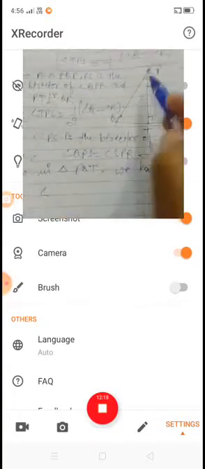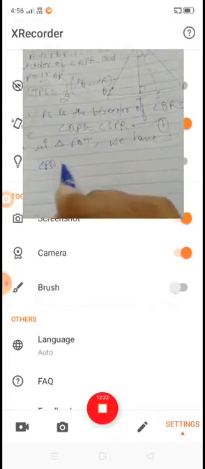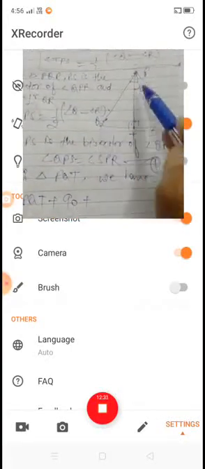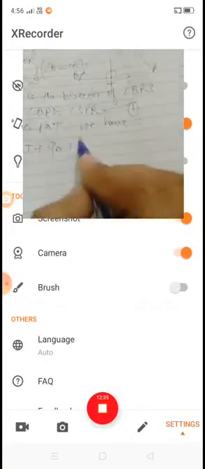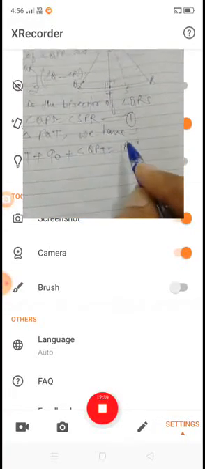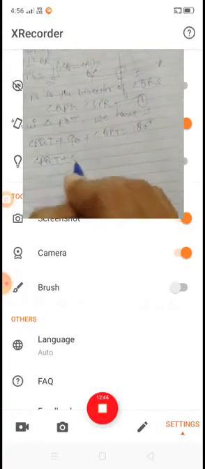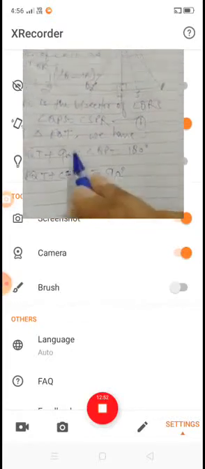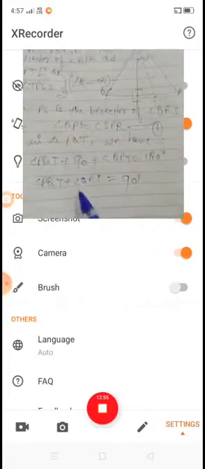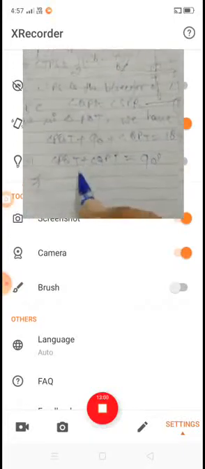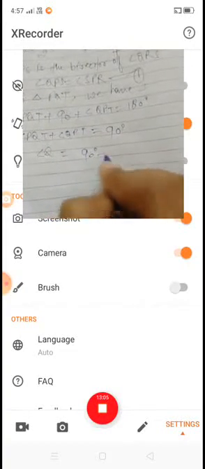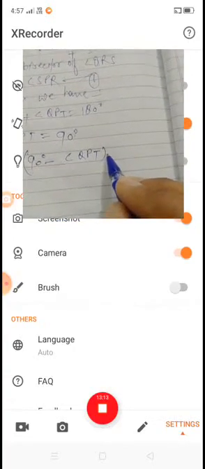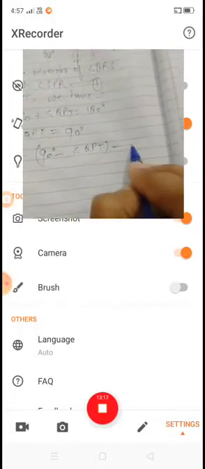That is, angle PQT plus 90 plus angle QPT is equal to 180, so angle PQT plus angle QPT is equal to 180 minus 90, that is 90 degrees. Now angle PQT means angle Q, so angle Q is equal to 90 minus angle QPT. This is equation 2.